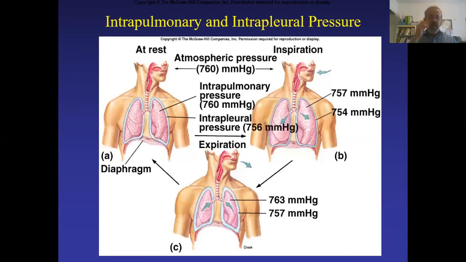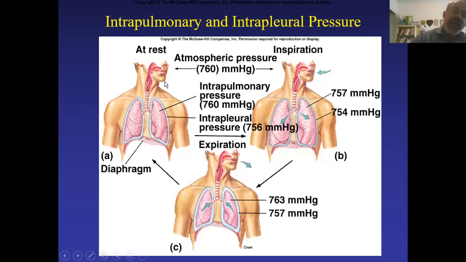All right. So let's take a closer look at this whole pressure-volume relationship and how it occurs in different phases of breathing. Basically, there are three parts to the breathing cycle. We have at rest, which would be the brief period between inhaling, or inspiring, and exhaling, or expiring.